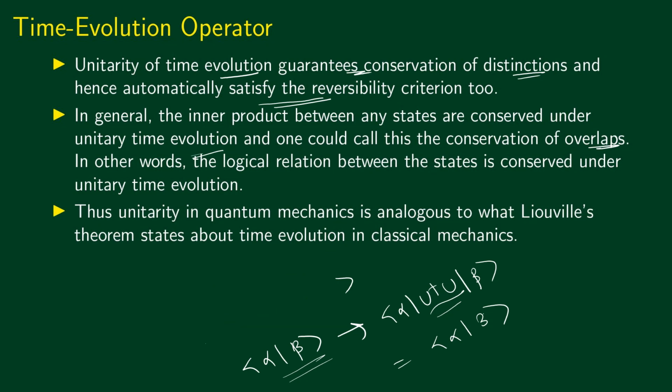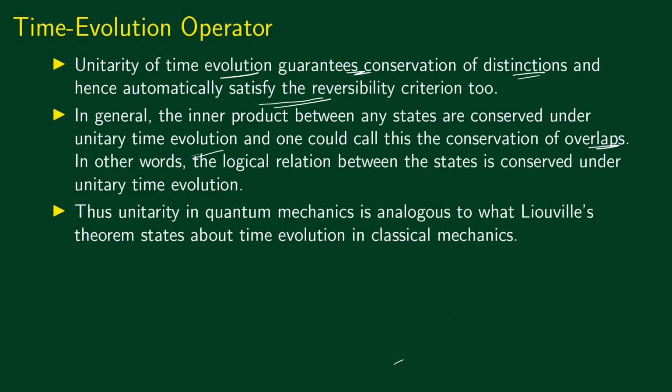If a state has a particular amount of overlap along another state, this amount of overlap cannot increase, and it cannot decrease. It remains the same. In other words, the basic logical relation between the states is conserved.